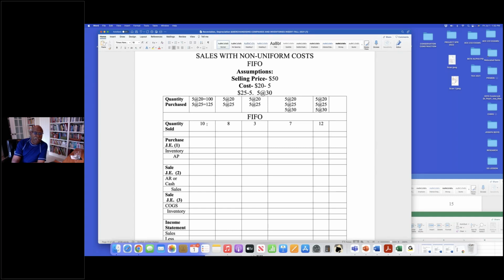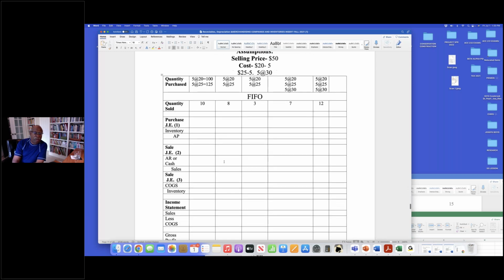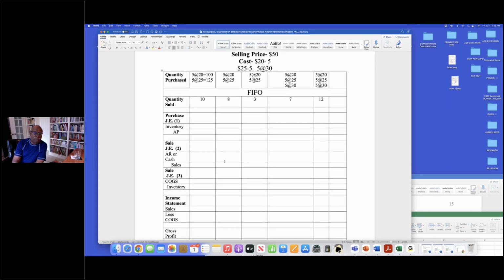But 5 of the shoes cost $20 and another 5 cost 25. Okay? 5 cost 20, 5 cost 25. So take 5 minutes and go through and tell me what's the gross profit now, given that 5 of the shoes cost 20 and another 5 cost 25.